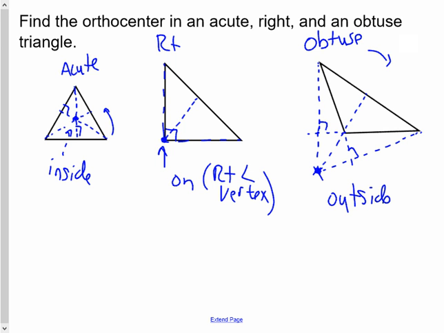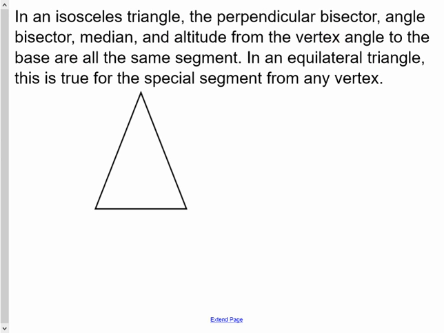Similar to circumcenter, right? Very similar. In an isosceles triangle, the perpendicular bisector, angle bisector, median, and altitude from the vertex to the base are all the same segment. In an equilateral triangle, that is true for the special segment from any of the 3 vertices, right?